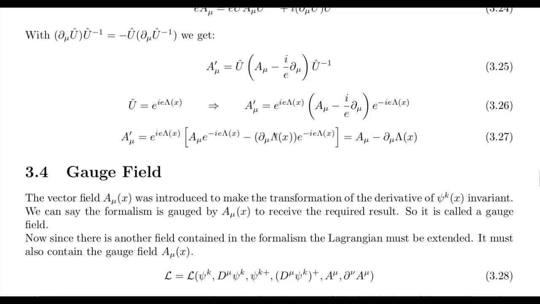And here we have the differential operator. So if we differentiate that, we get minus i e and the derivative of lambda as factors. So we can cancel i and e, but the derivative of lambda stays here in the equation.